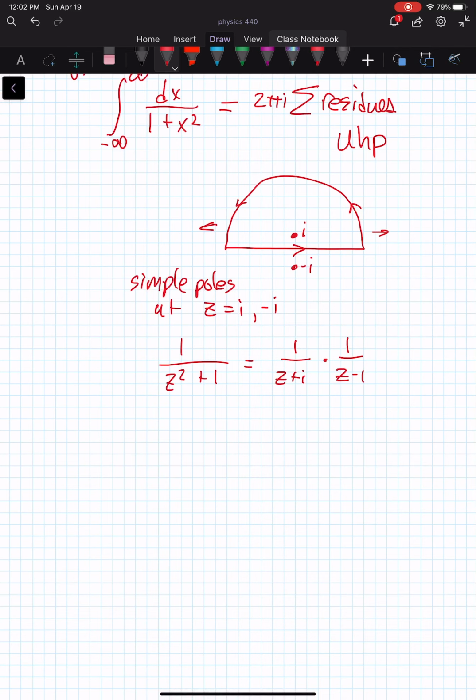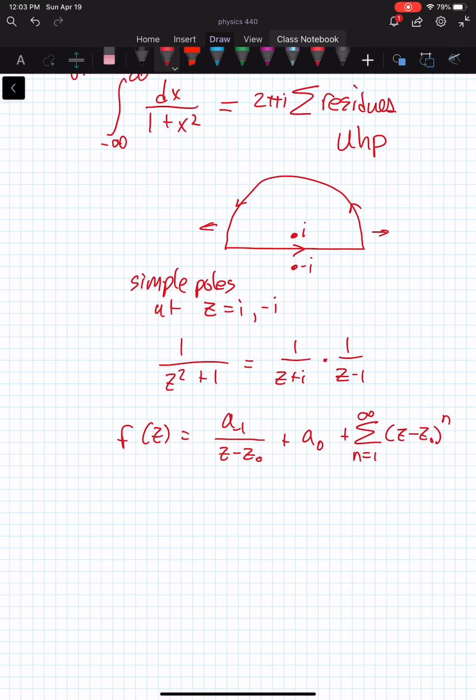What can we do with it? Let's expand this out. f of z is equal to a sub minus 1 over z minus z naught, plus a naught, plus the sum from n equals 1 to infinity of a n times z minus z naught to the n. We can do this just generally, right?